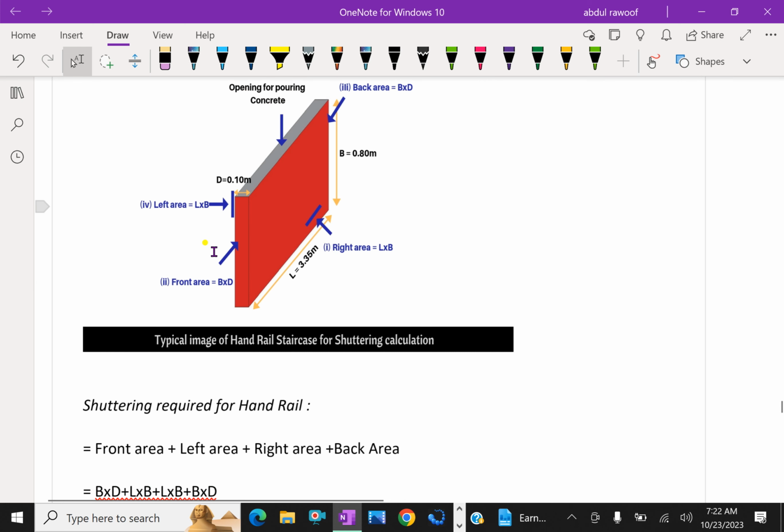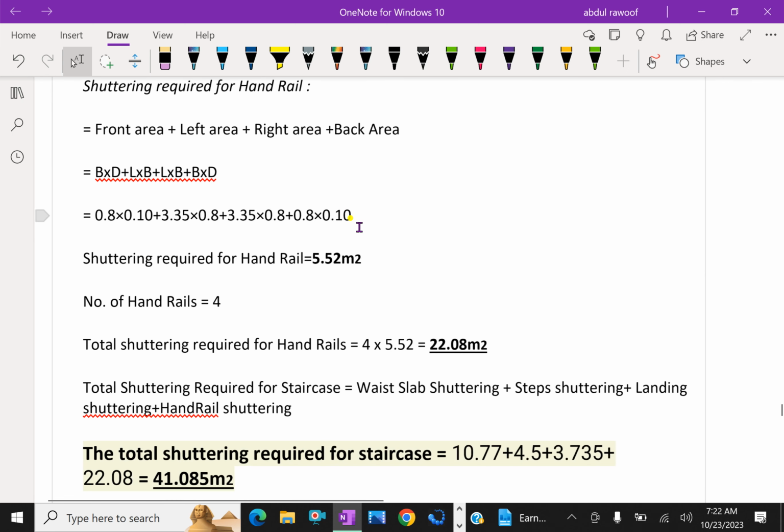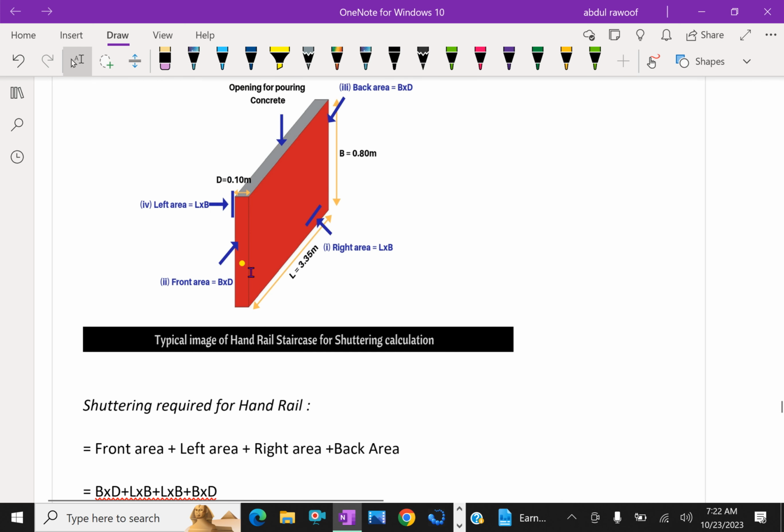Here 4 areas are there: front area, back area, and left and right areas. So B into D, this rectangle, 0.8 into 0.1. The height is 0.8 and thickness is 0.1.